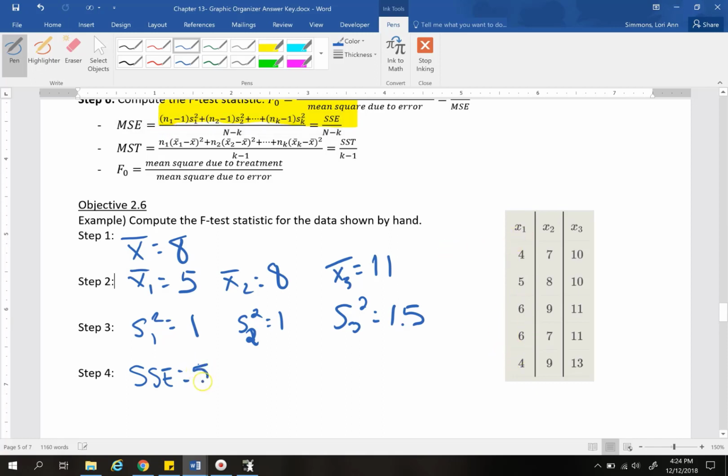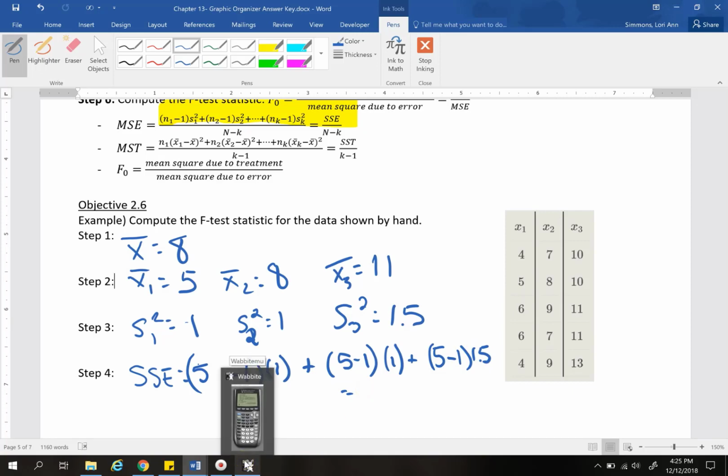There are 5 numbers minus 1. And then what's S sub 1 squared? 1. And then you do the same thing for the second sample. Again, there are 5 numbers, and the variance is 1. Again, 5 numbers minus 1, and the variance is 1.5. When you put that on your calculator, you should get 14.